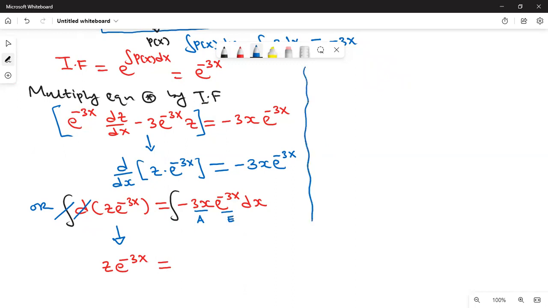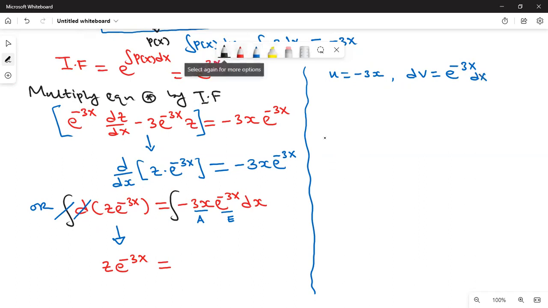In integration by parts, u will be negative 3x. The rest will form dv, so that is exponential negative 3x dx. But again, you realize that this u here is a polynomial. When u is a polynomial, it is better to use tabular integration.